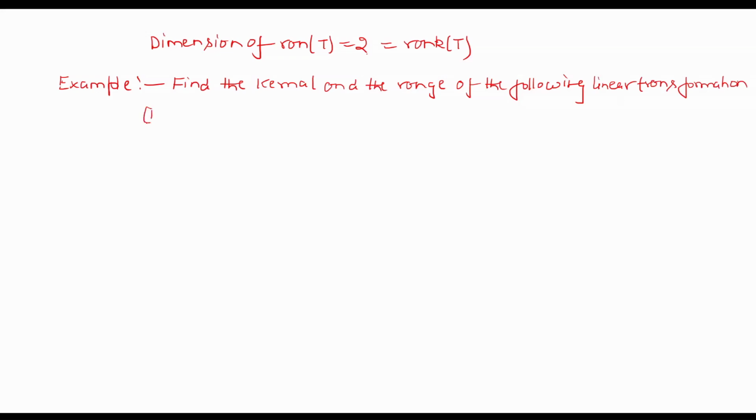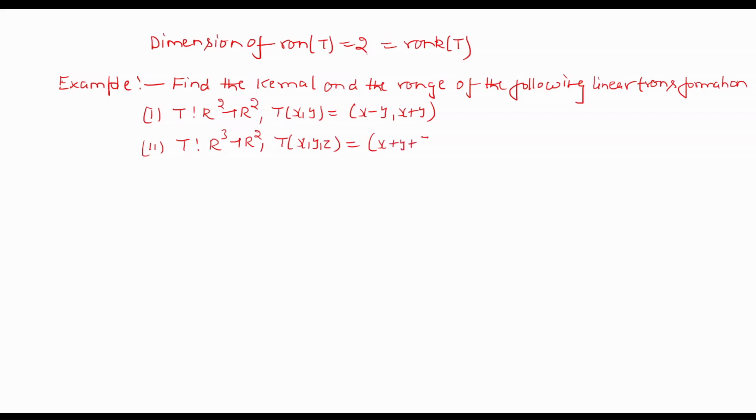Number 1: T from R square to R square, and T of (x, y) is equal to (x minus y, x plus y). Second: T from R cube to R square, T of (x, y, z) is equal to (x plus y plus z, x plus y).